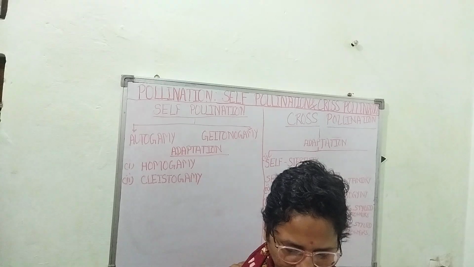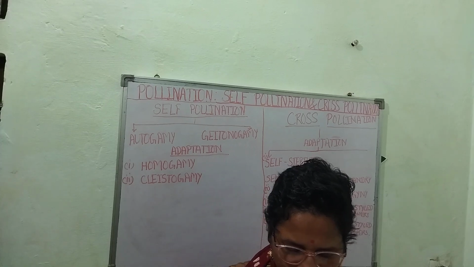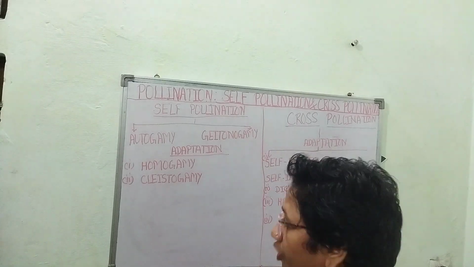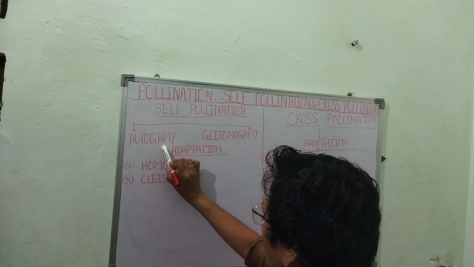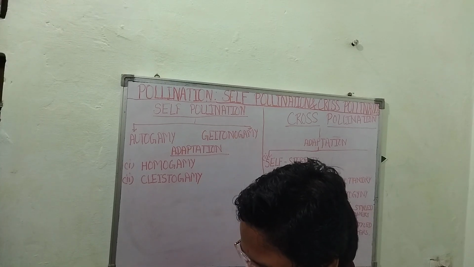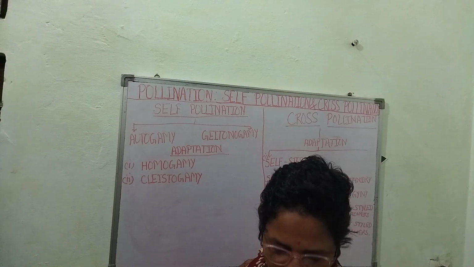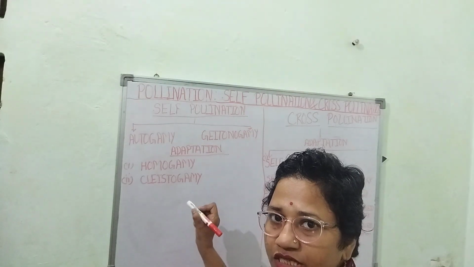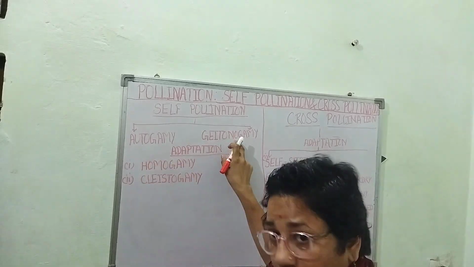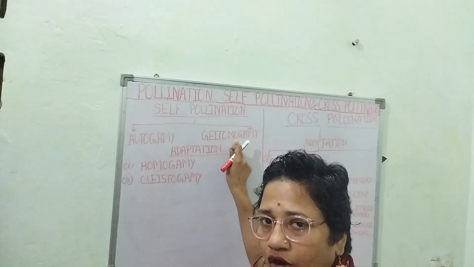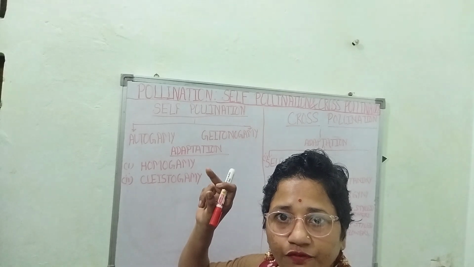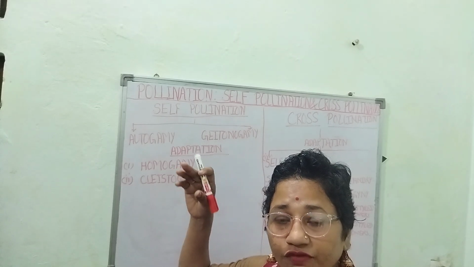Okay. So self-pollination is of two types: autogamy and geitonogamy. Let us revise once again. Autogamy means the pollination of the flower is by its own flower. Geitonogamy means pollen grains from the anther of a flower are transferred to the stigma of another flower of the same plant.